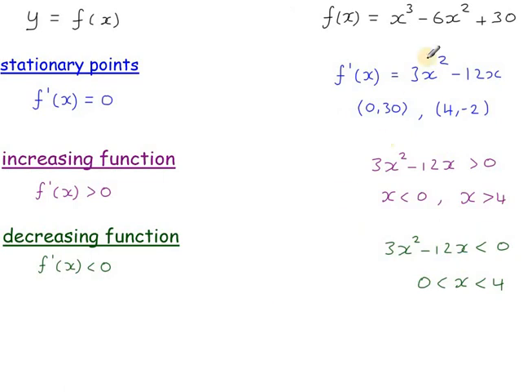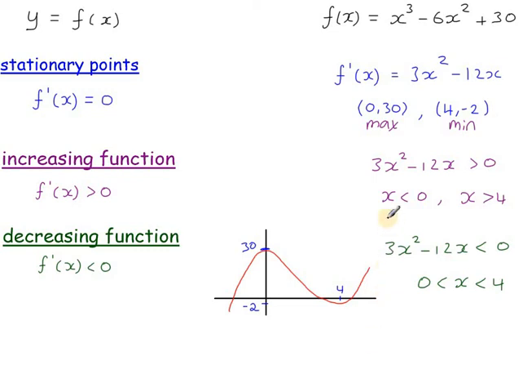So the graph of our function here, because the coefficient of the cubic term is positive, we'll have this shape, and we have some stationary points, so the graph looks like this: (0, 30), stationary point, maximum; (4, -2) here, minimum.